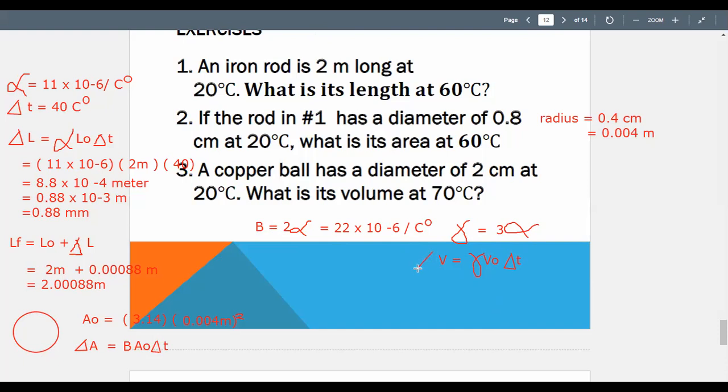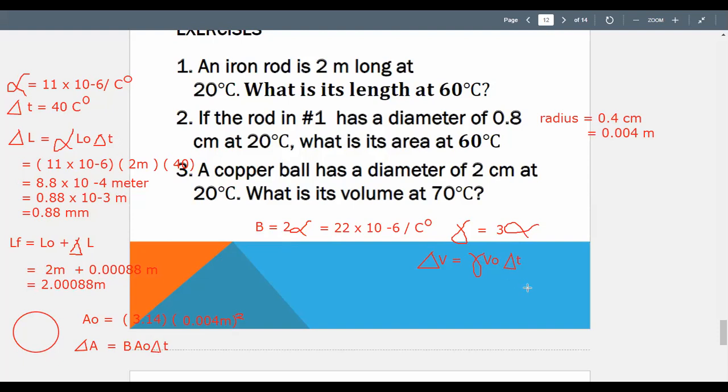You will see that there's a similarity to our expression, whether it's change in volume, change in area, or change in length. We need the original length, volume, or area, and multiply it by the change in temperature.